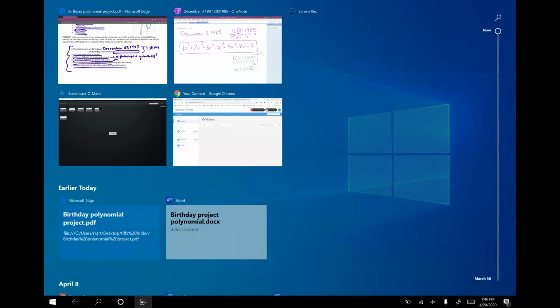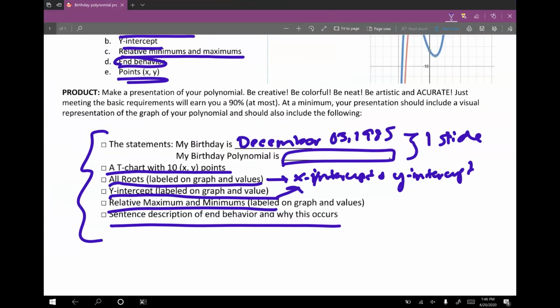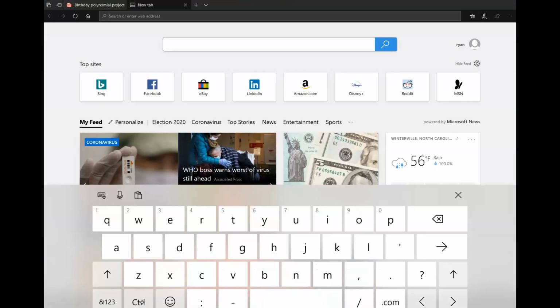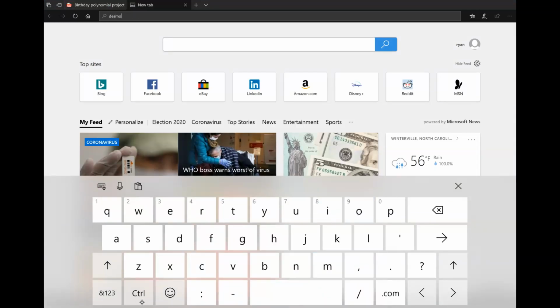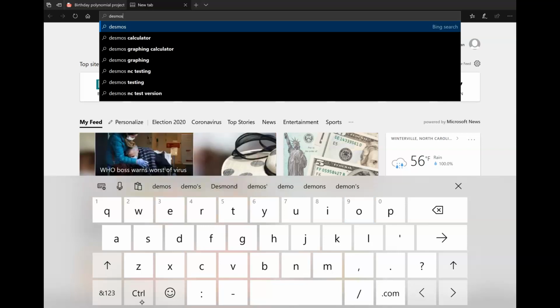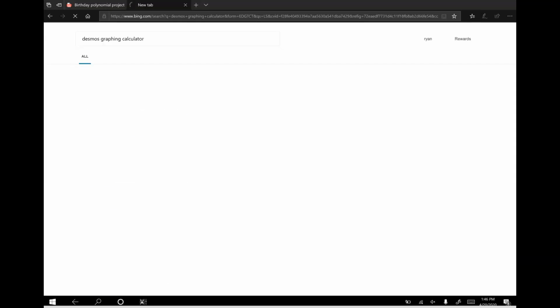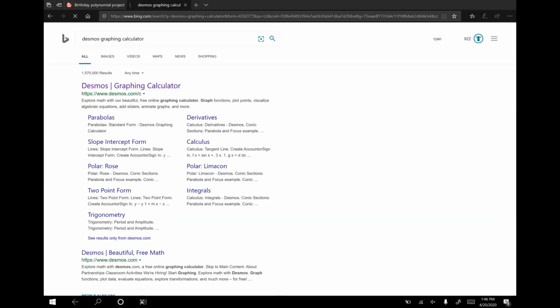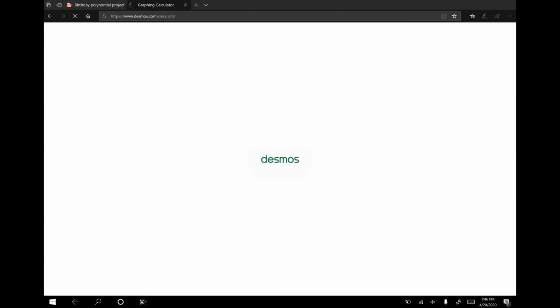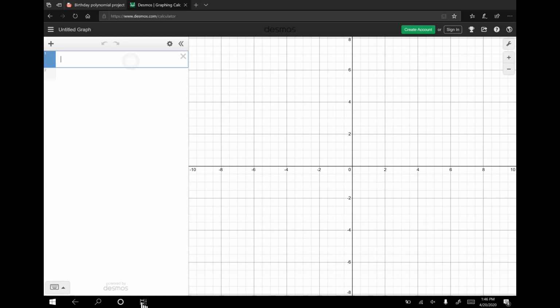Let's pull Desmos up. It was already there. Alright, here we go. So I've got to analyze this. So I'm going to type in what we had. Now again, in the beginning you're going to be playing around with stuff to get the polynomial you want.